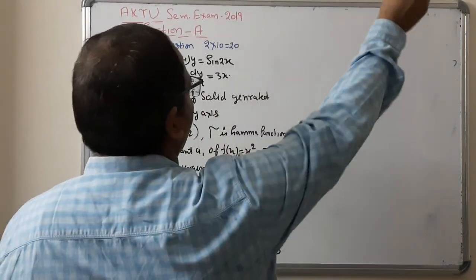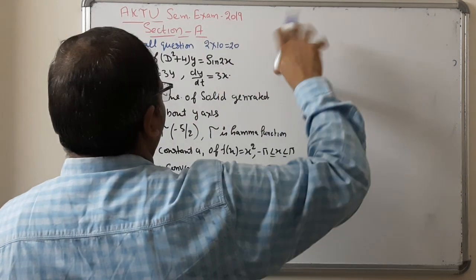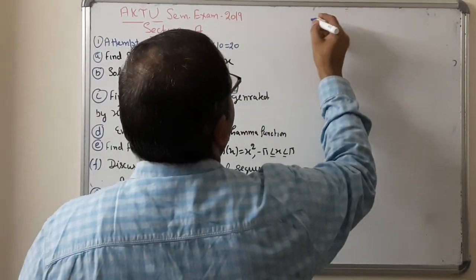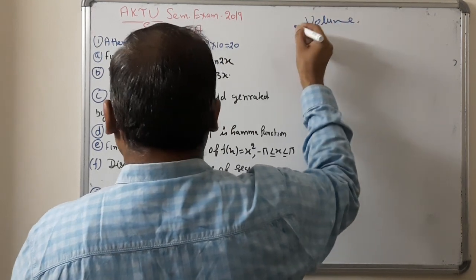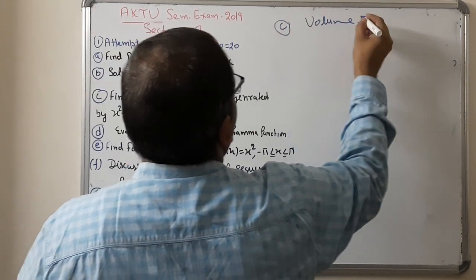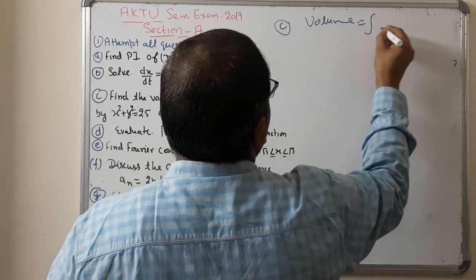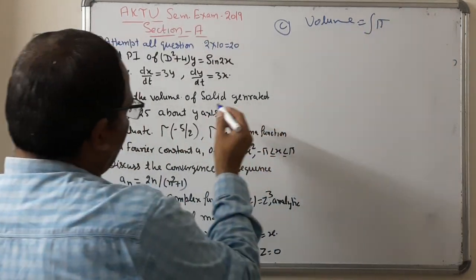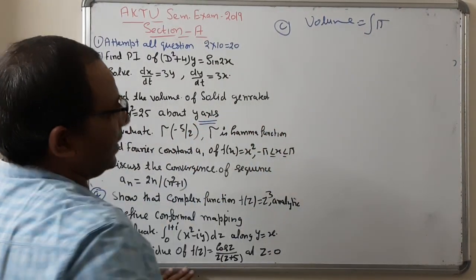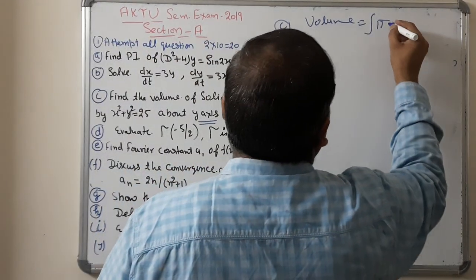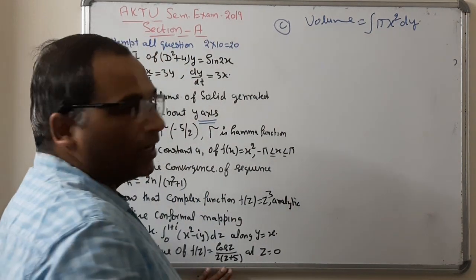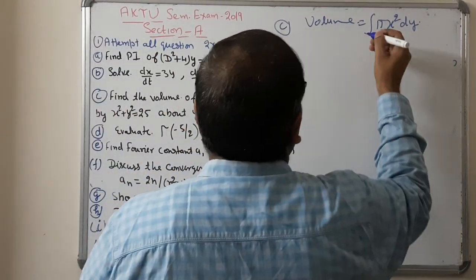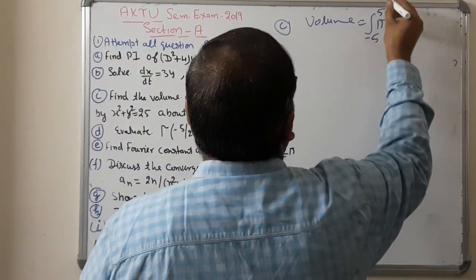The volume is equal to the integration, because we are revolving around the y-axis, right? So we write this as pi times the integral of x square dy, and the limit of y is minus 5 to 5.